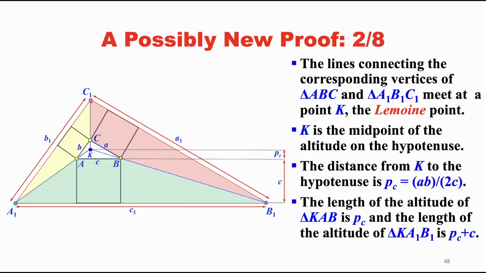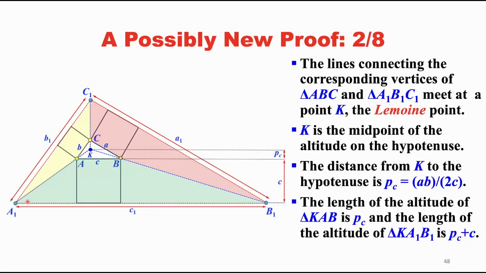Now, because we know that by connecting these lines we have the Lemoine point, let me call it K. K is the midpoint of the altitude on the hypotenuse. So PC is equal to ab divided by 2c, as we have seen. For this triangle KAB, the altitude on the hypotenuse is PC, which is this one.